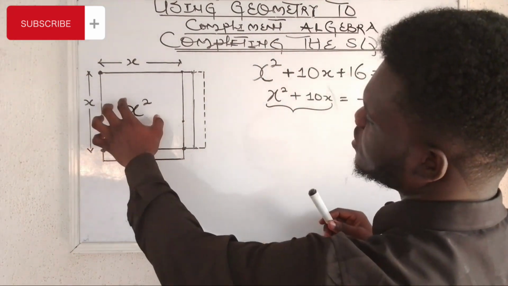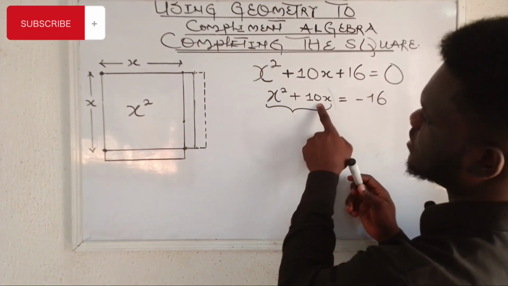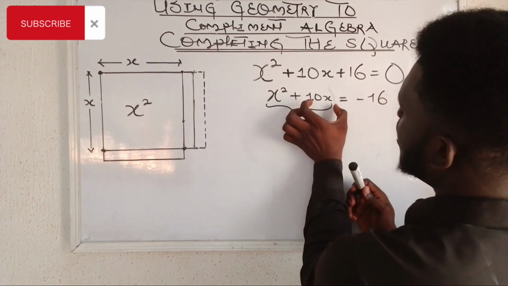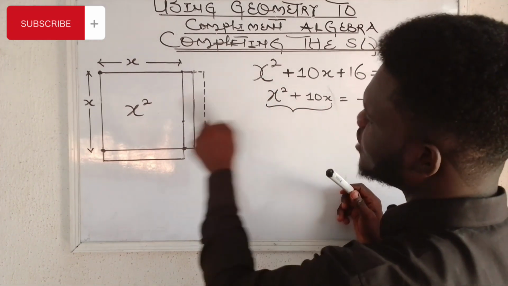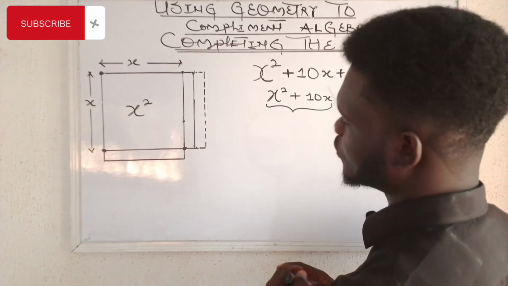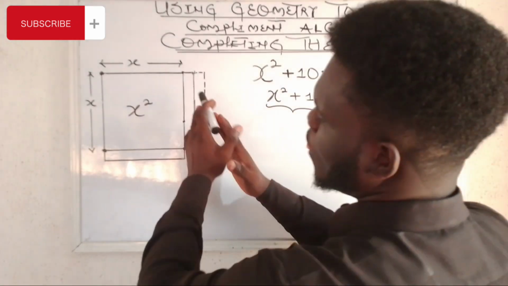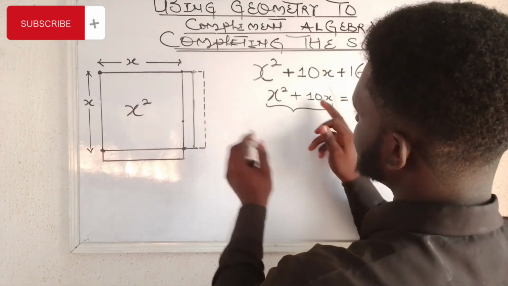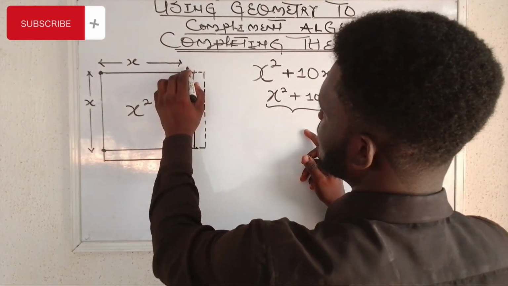Okay, now if the area of this place is x squared, now we have 10x here. So this is a complete square that we already had, but now we are adding 10x to it. If you add 10x to this, it will imbalance the nature of the square, because adding 10x to it will make it no longer a complete square. So let's see, if you are adding 10, don't say 10x, let's say 10.